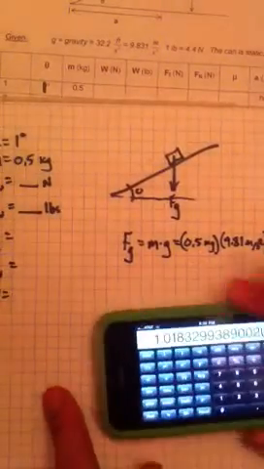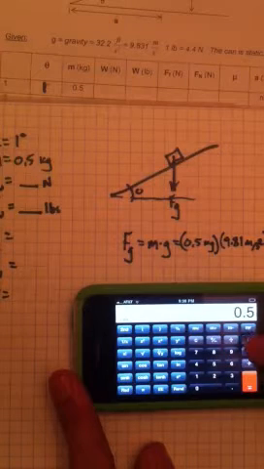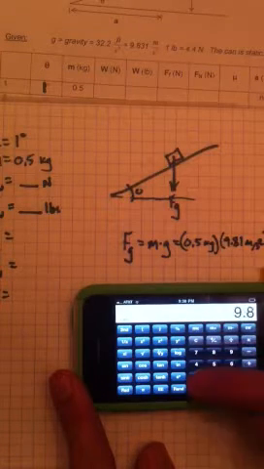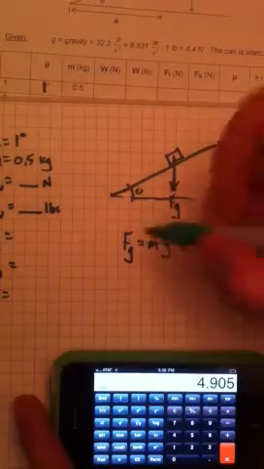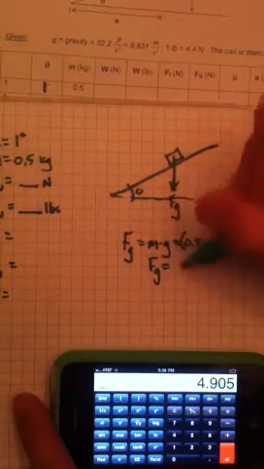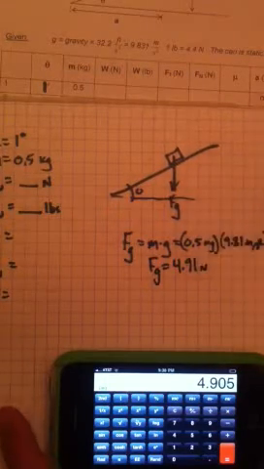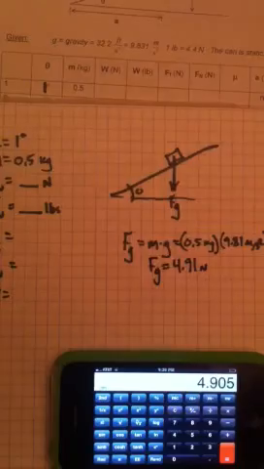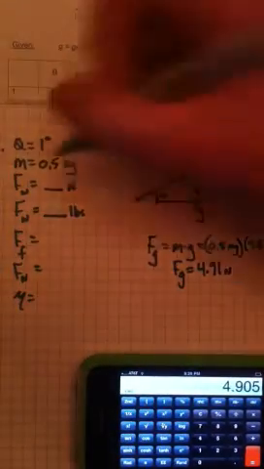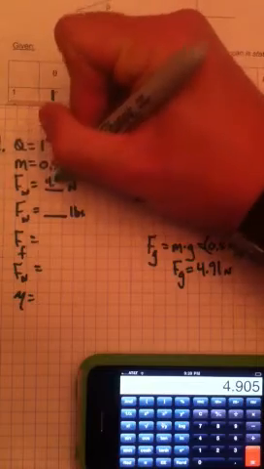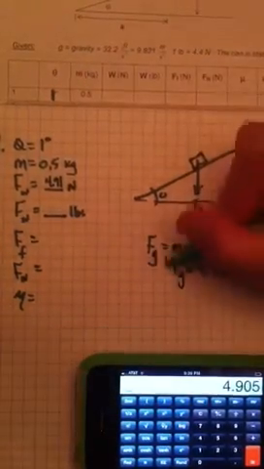When I get out my calculator, 0.5 times 9.81 is 4.905. So the force of gravity here is 4.91 newtons. I can do that because in the instructions it said round to 2 decimal points. So I can come right back over here, 4.91 newtons. Now, I'm going to box that in.